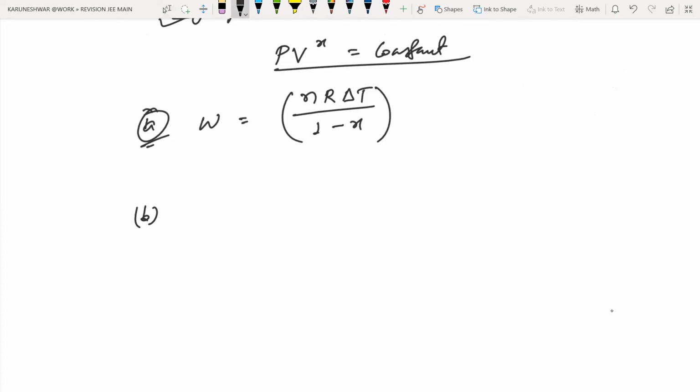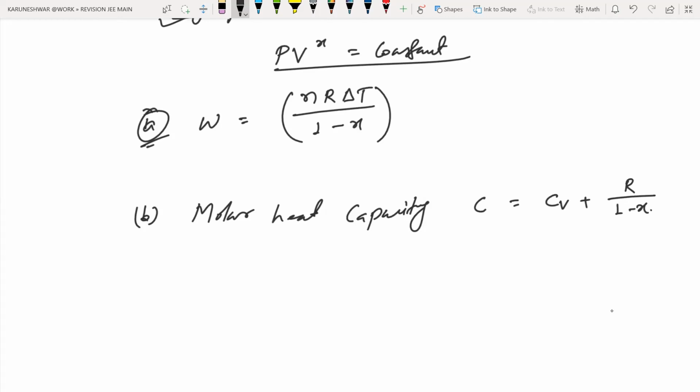I'm writing the final result; there is a derivation, but we won't go into that, as the video is already so long to revise. So remember the molar heat capacity: C equals CV plus R divided by 1 minus X. This is how you write the molar heat capacity whenever we have a polytropic process, where PV to the power X is constant.